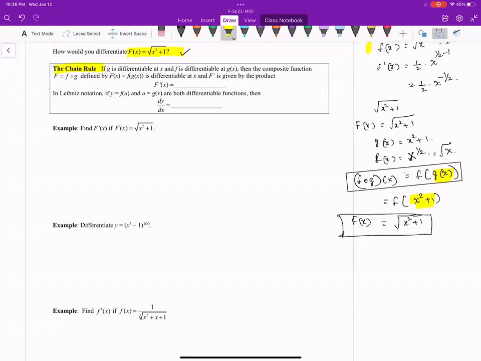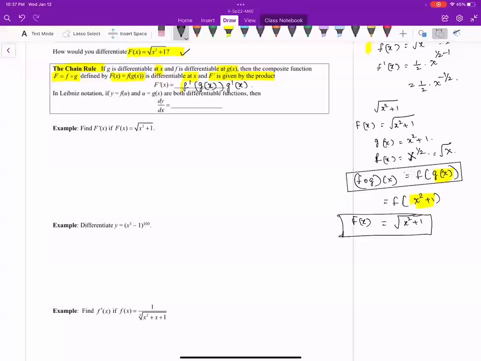If g is differentiable at x and f is differentiable at g of x, then the composite function uppercase F, which is lowercase f composite g, defined by F of x equal to f of g of x, is differentiable at x, and F prime is given by the product F prime of x equal to f prime of g of x times g prime of x.